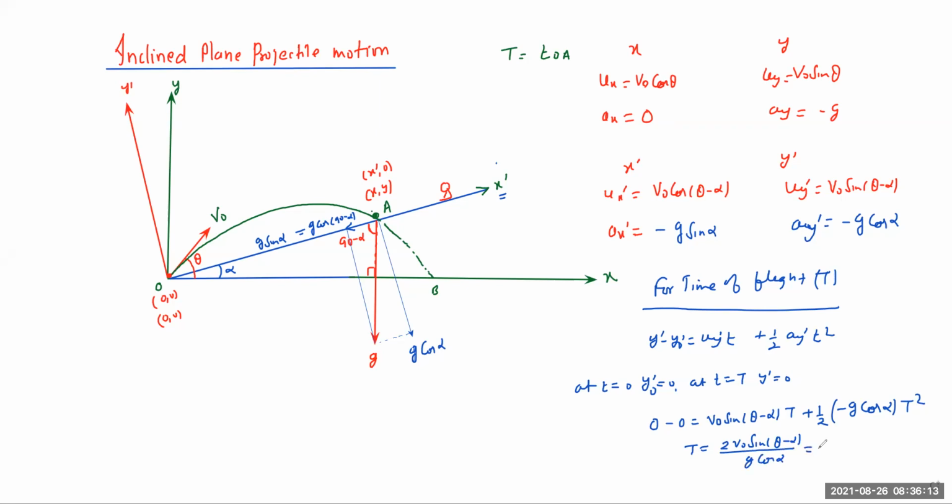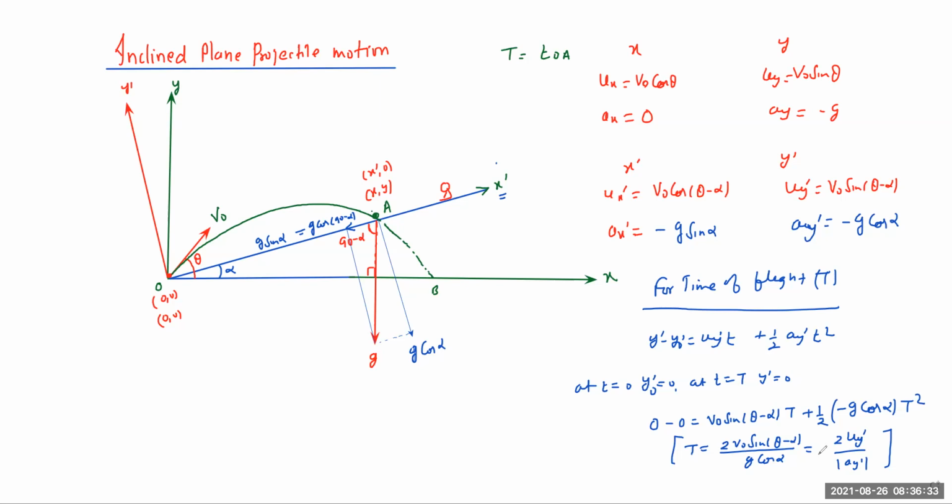So here again we use the concept of displacement. This is actually like 2 u y dash upon mod of a y dash. So this formula you can remember this way. It is similar to the oblique formula. The only difference is I have changed the axis.